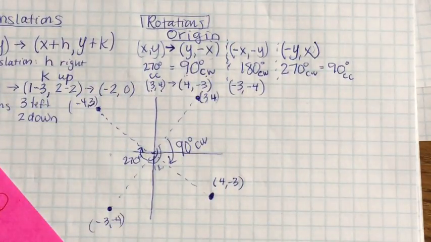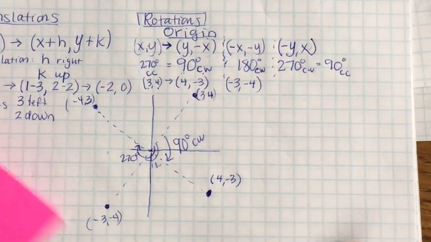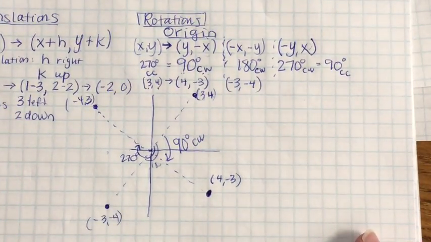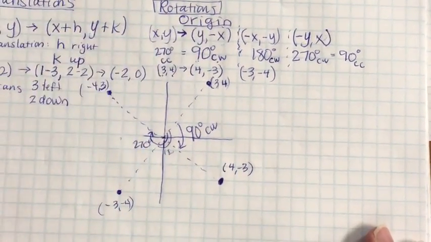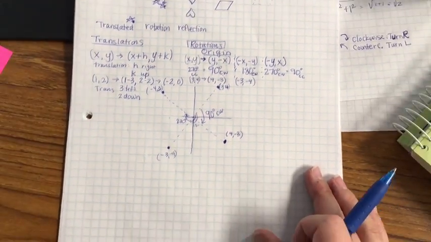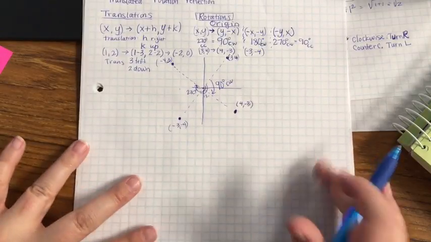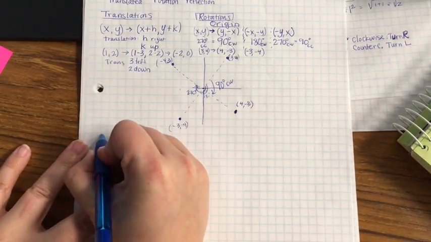Okay. So that is for rotations. Those are just some general rules. They may help, they may not help. Last part, so we did translations, rotations, the last part is reflections.